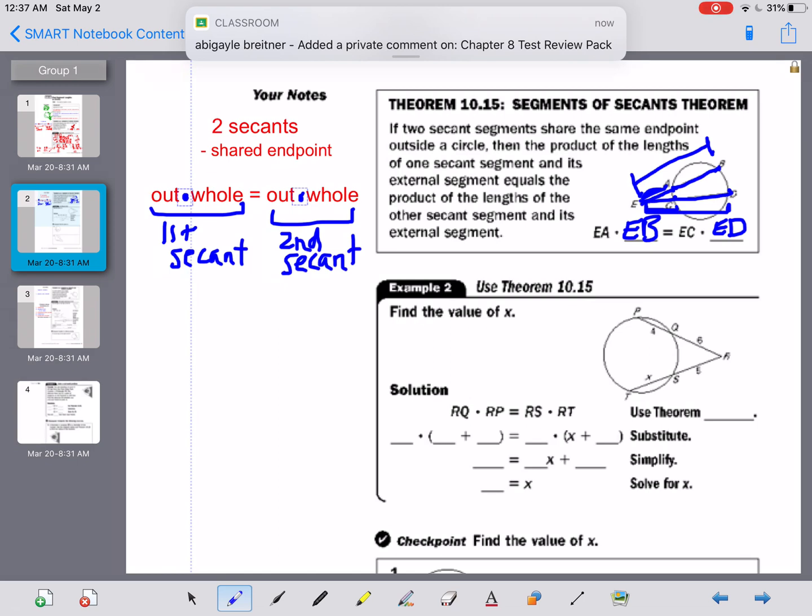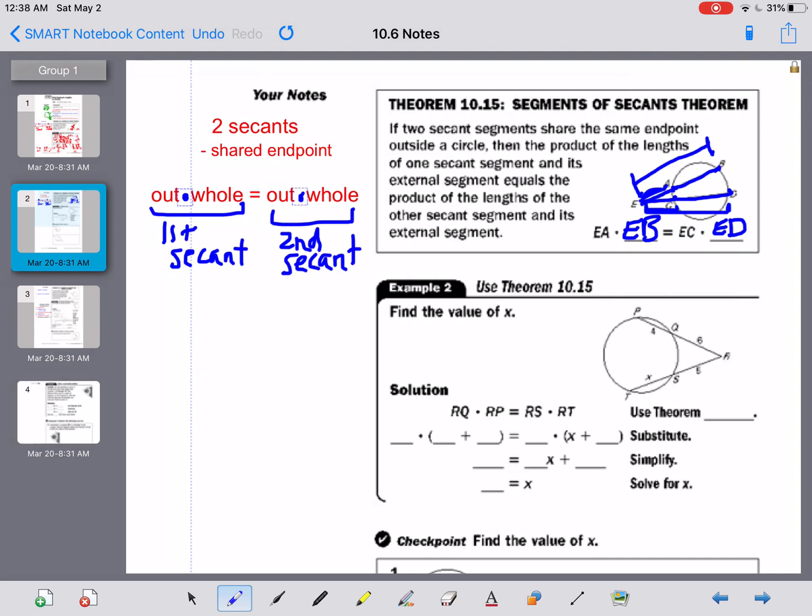So let's try our first example here and do this setup. They wrote down here first, but I'm going to stress this one. This is out times whole equals out times whole. So they started on the top. The RQ here is out, and that's a length of 6. And the whole is RP.